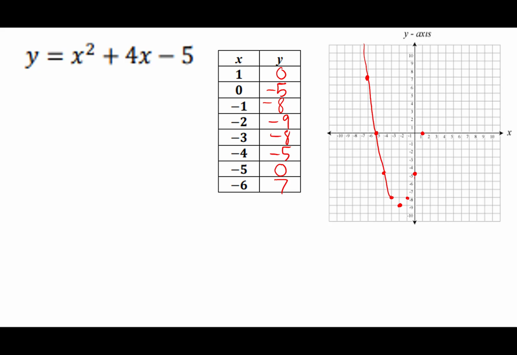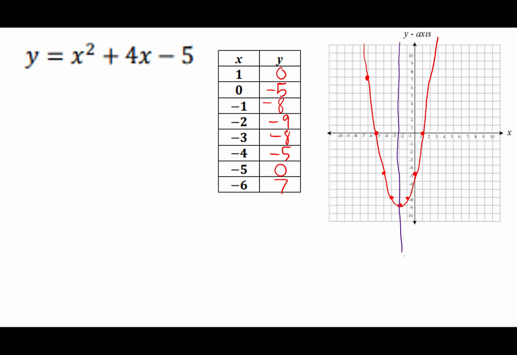Now, okay, so looking at this, I'm going to point out some fun little features here. If I draw a line straight down here, notice I've got a roughly symmetrical graph. Now, if I were to draw this with a computer, it would be symmetrical.